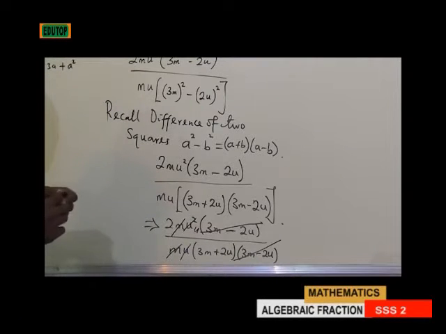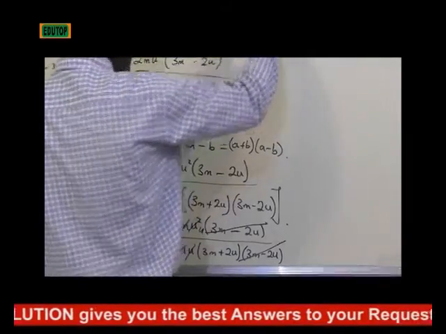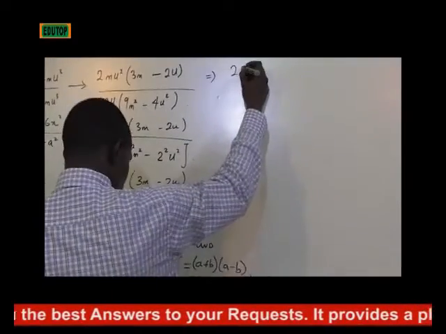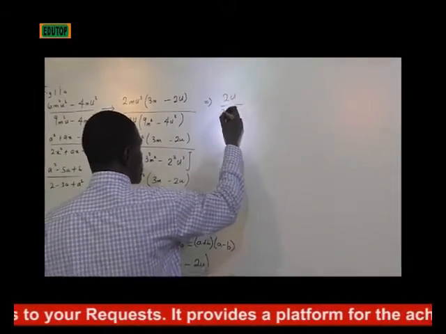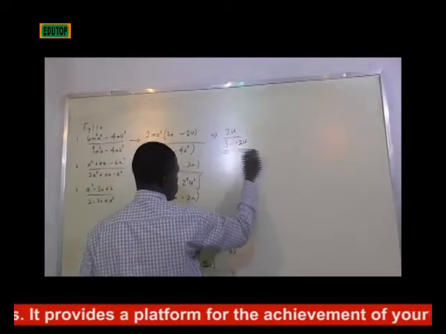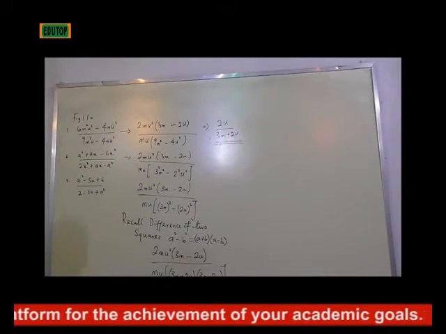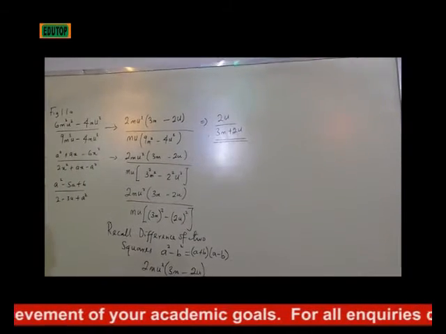So automatically, if I now want to rewrite what I have here, my overall result will now be 2u over 3m plus 2u. So that will be my overall result for the first case, which is number 1.